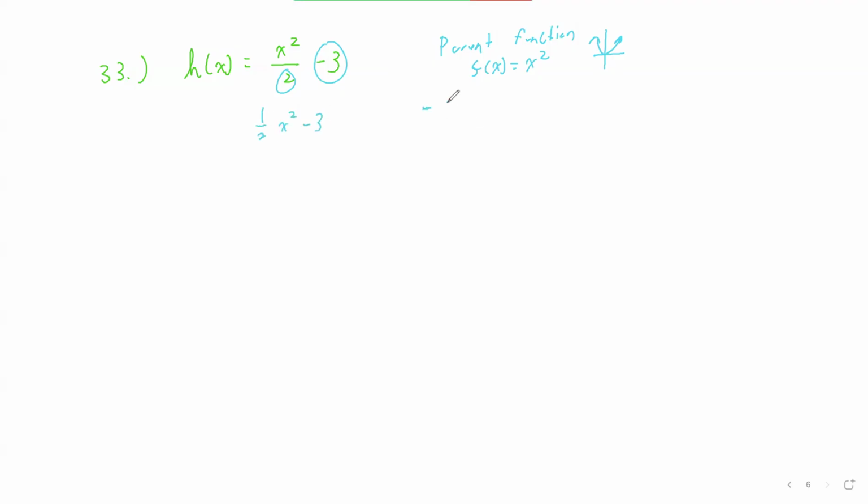So this would be a vertical compression, and it's a compression because the a is less than 1, by a factor of 1/2. And then the minus 3 is a vertical shift down 3.